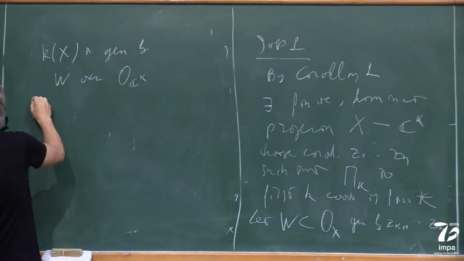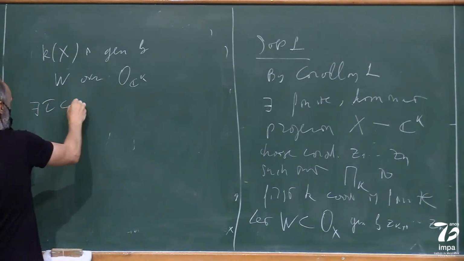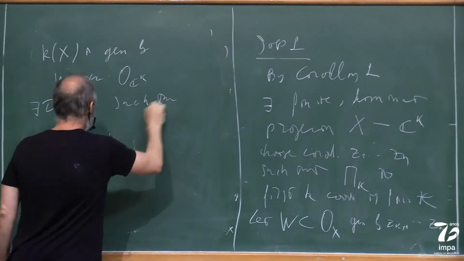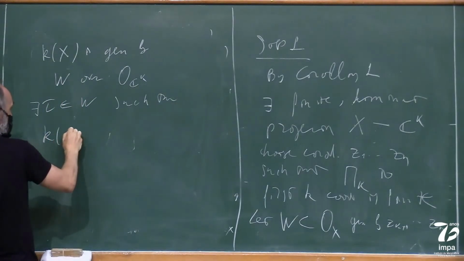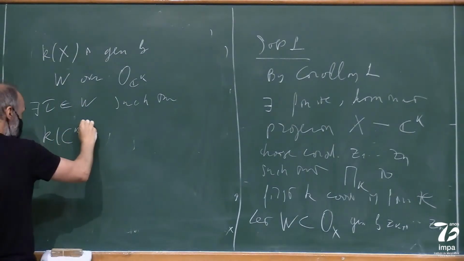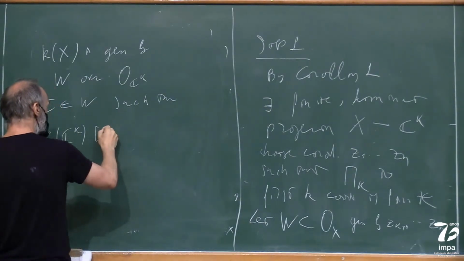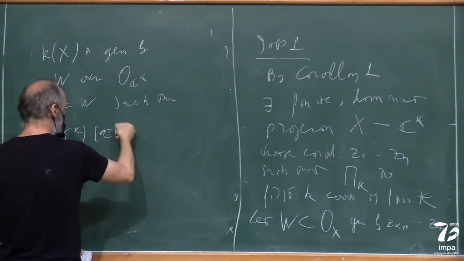Okay, so I claim that there exists tau in W such that K(C^k)(tau) is K(X).